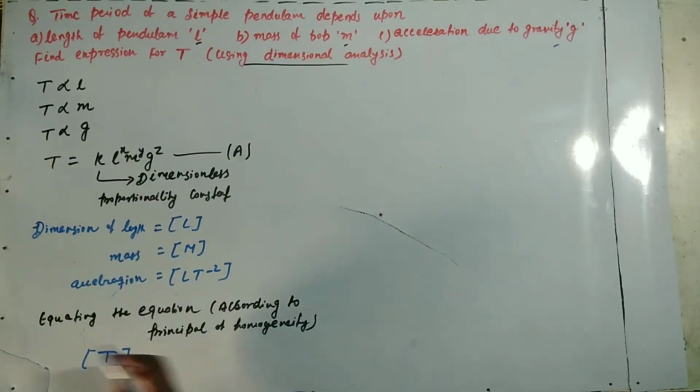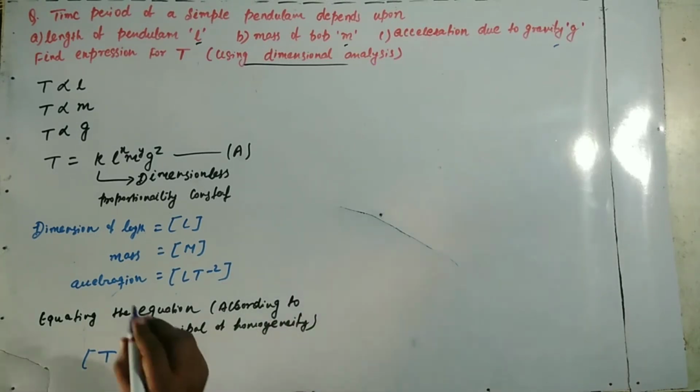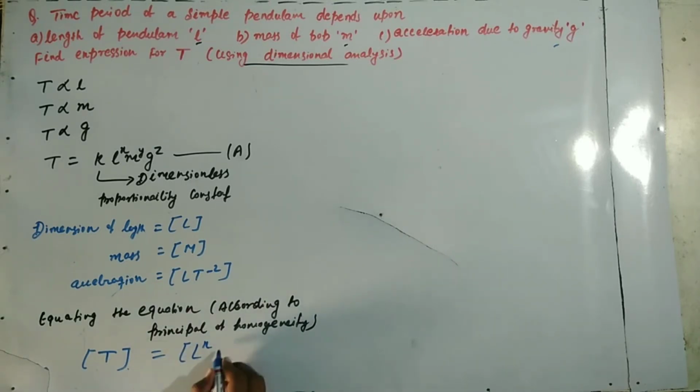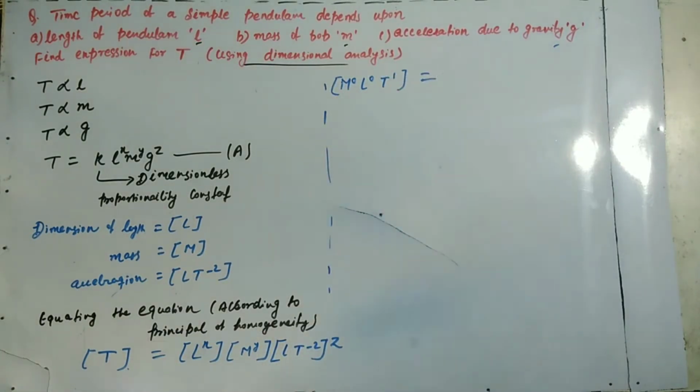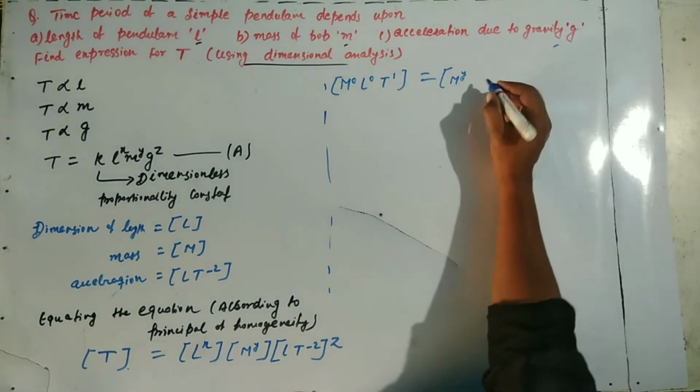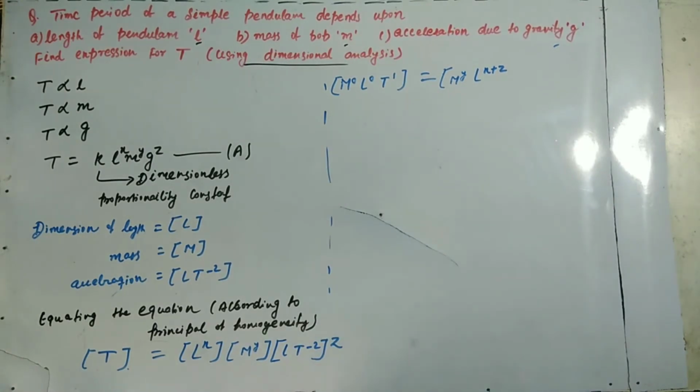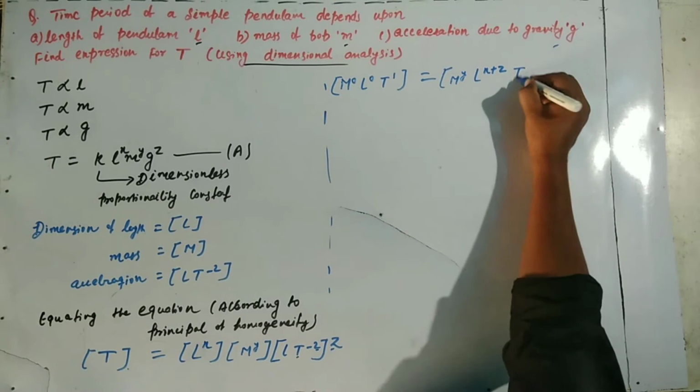So, T equals, in the right hand side, L to the power X into M to the power Y into L T to the power minus 2, whole to the power Z. Now, we calculate the equation, then it will be M to the power 0, L to the power 0, T to the power 1 equals M to the power Y into L to the power X plus Z into T to the power minus 2Z.